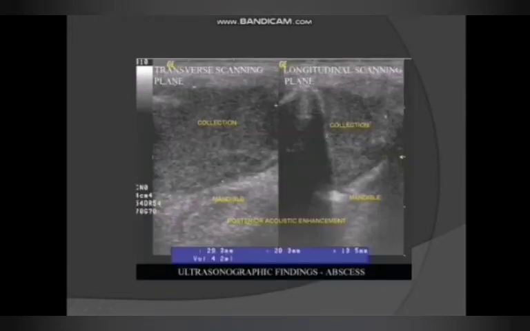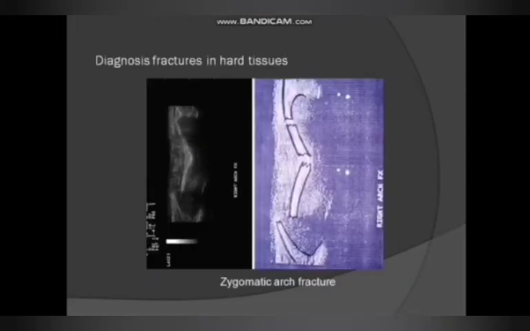While in cases of abscess, the edges are well defined with a homogeneous pattern and hypoechoic intensity with posterior acoustic enhancement. And lastly, it's used for diagnosis of fractures in hard tissue. Like this, we have a zygomatic arch fracture.